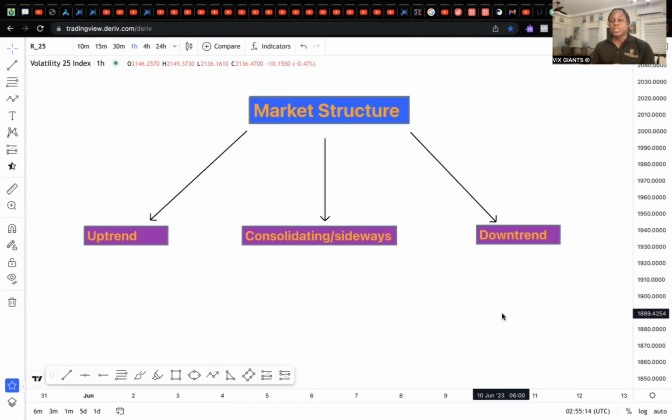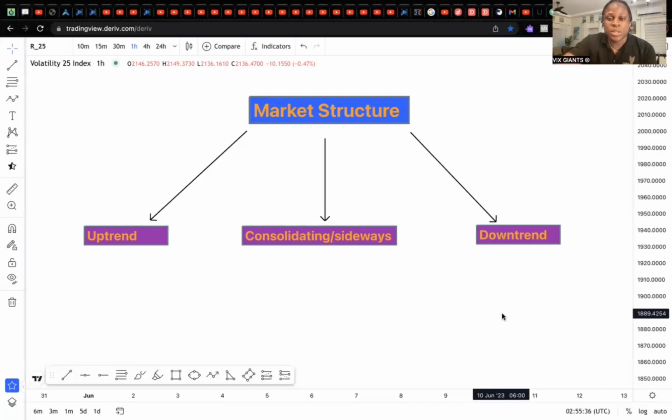In this video, I'm going to go over each structure and what defines each structure, and by the end of the video, you should be good when it comes to understanding the market structure. This video will be a very basic concept.